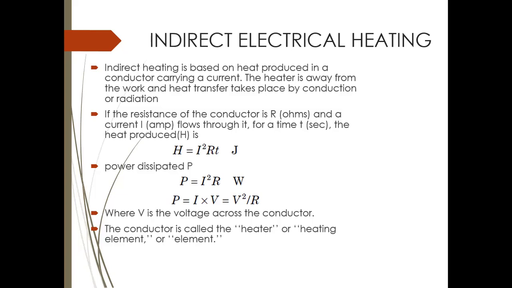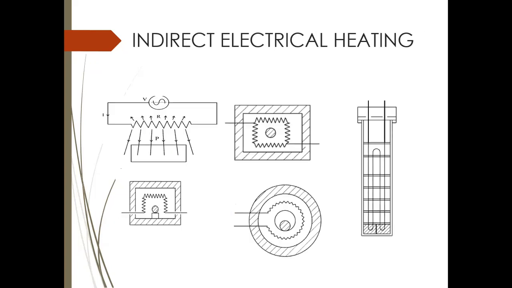We also know that P is equal to I times V, so it will be equal to V square over R, where V is the voltage across the conductor, which is the potential difference. The conductor is called the heater or heating element. These are the different indirect electrical heating methods and heaters.